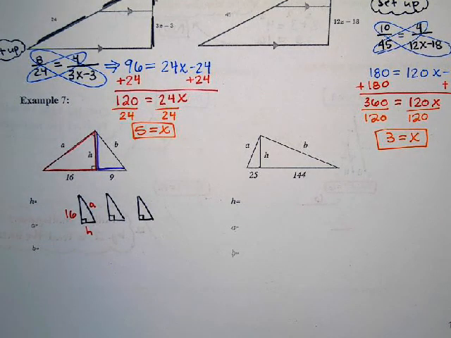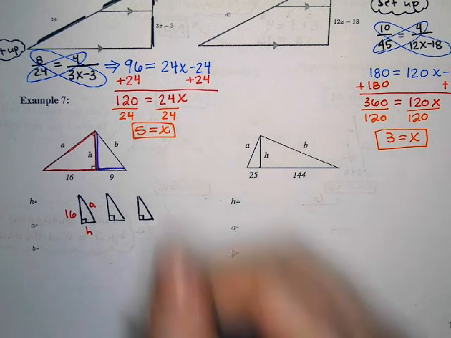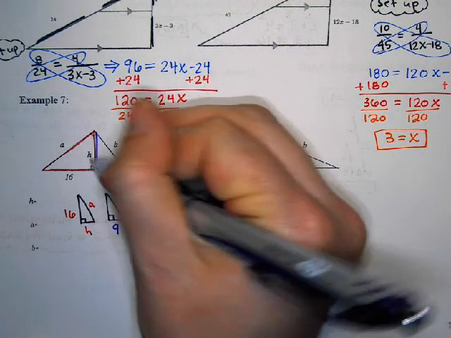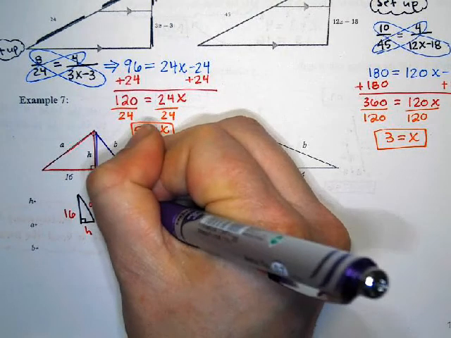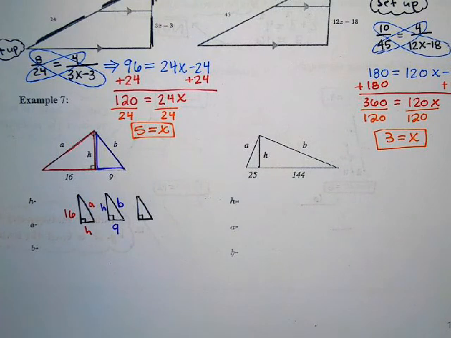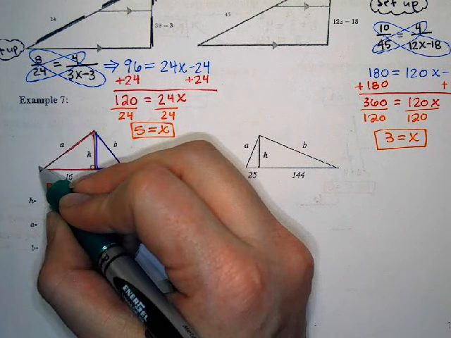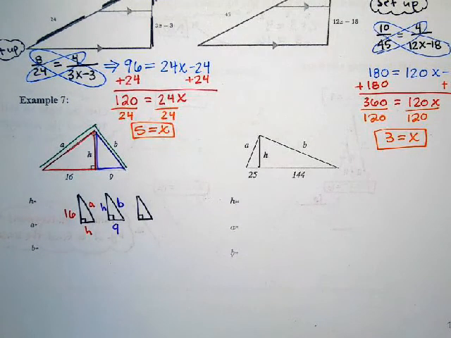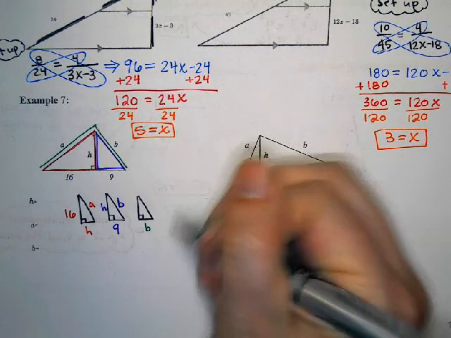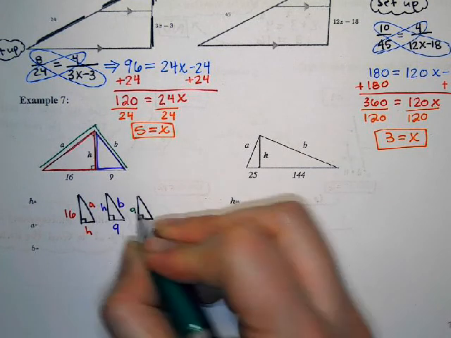What about this? What if I have leg H and the leg 9? Which one is short? That leg's the shorter one. 9 is short. And then I have an H, and the diagonal is the letter B. The big triangle, I have leg A, and I have leg B. Which one is the short?